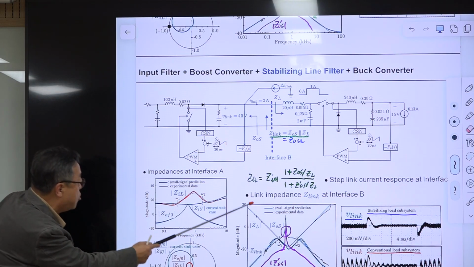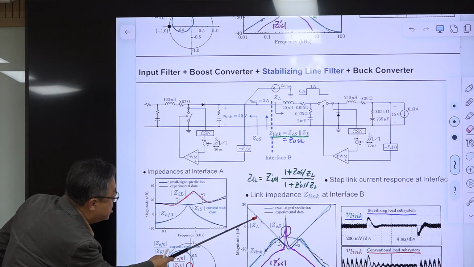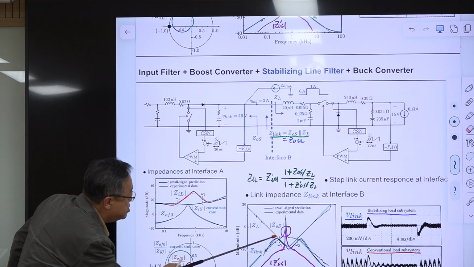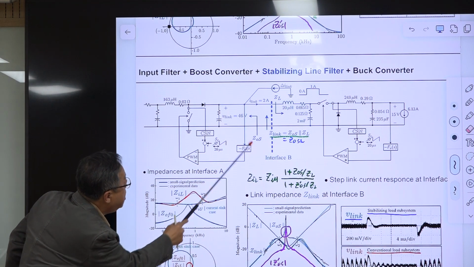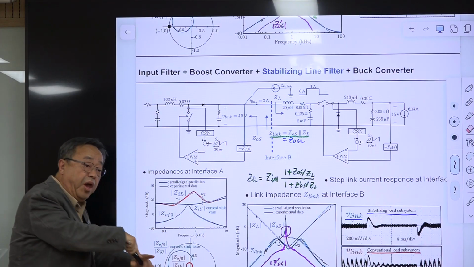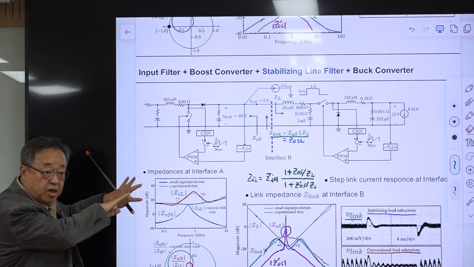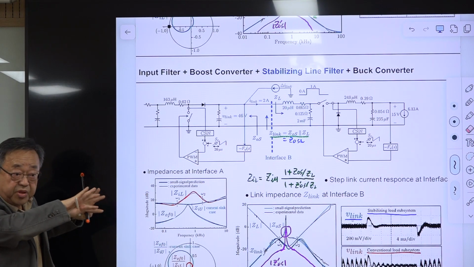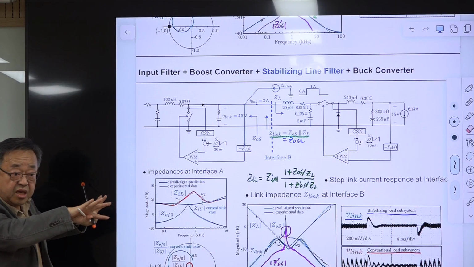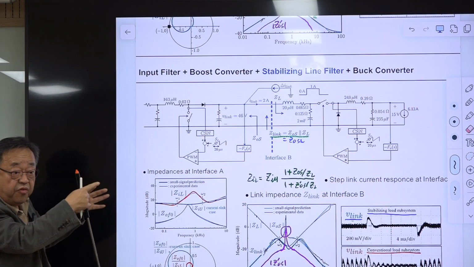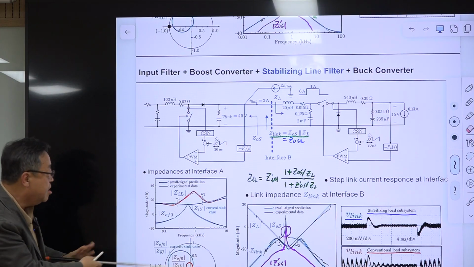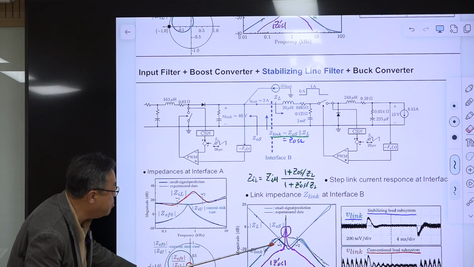But one thing is very large. So GL is very large. We are comparing a very small impedance and a very large impedance. Then what we see in the parallel combination is just the small impedance. So G link is the same as this.